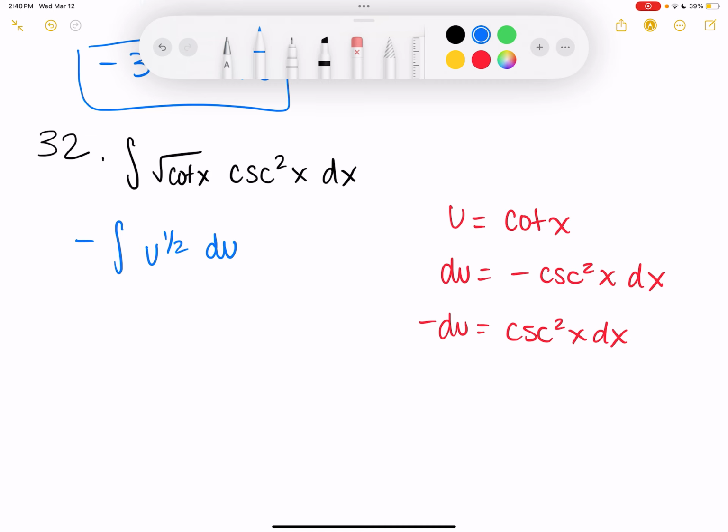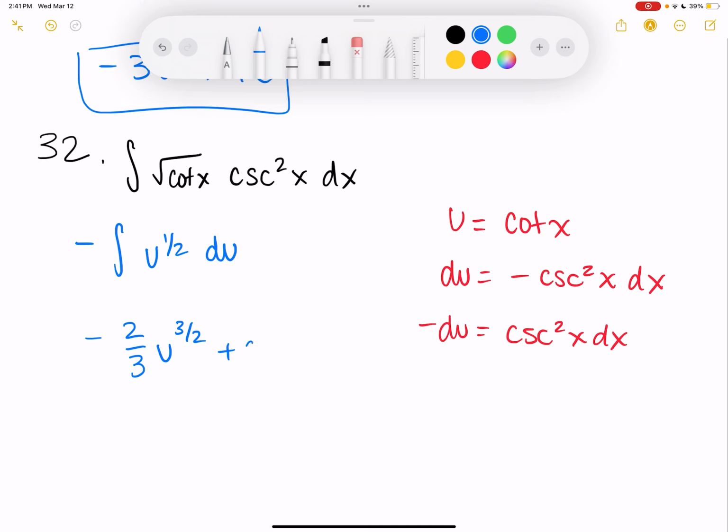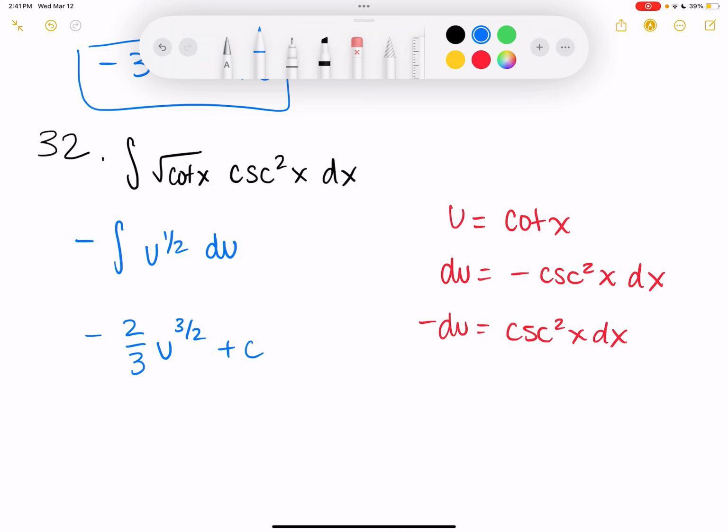Antiderivative of that would be what? I'm going to go ahead and write the negative down. And then I just plug in cotangent.